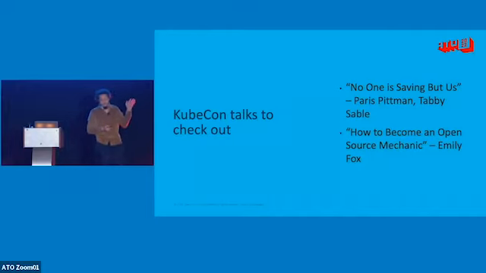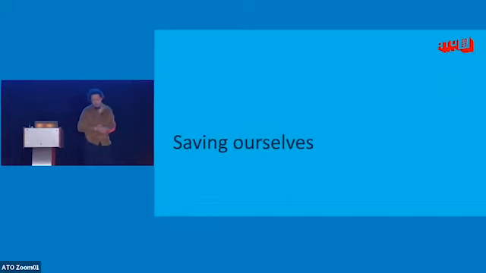So I would strongly suggest once those talks are available on YouTube, go check that out. Really good talks, and I think overall the conversation at KubeCon was around sustaining maintainers, sustaining open source projects, and their maintainers. So for maintainers in the room, I'm going to ask you to try to save yourself.